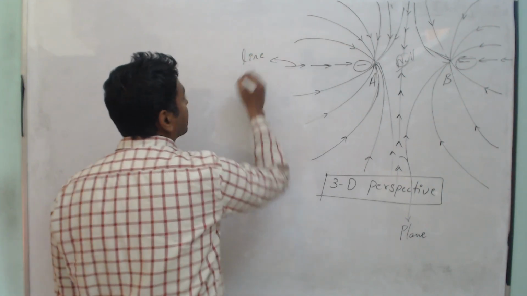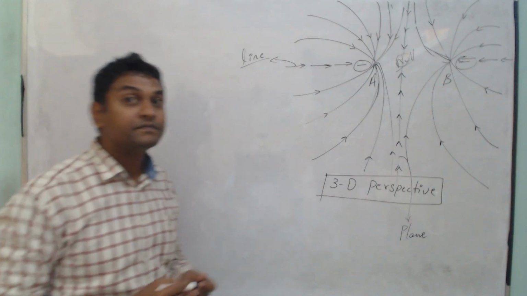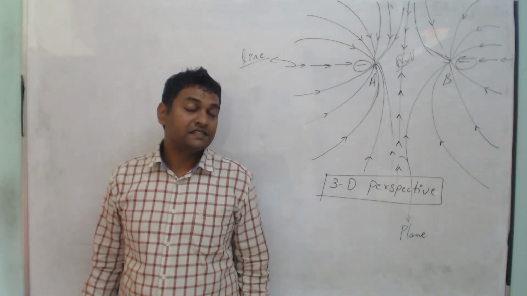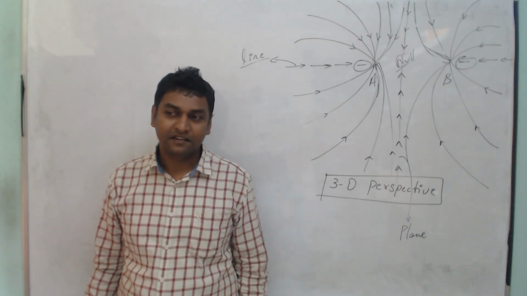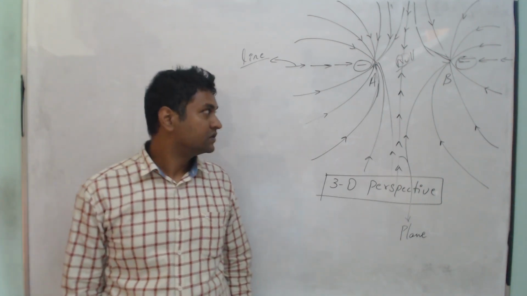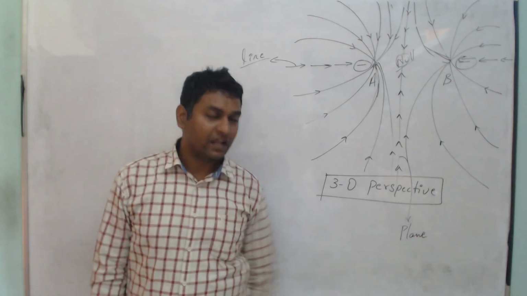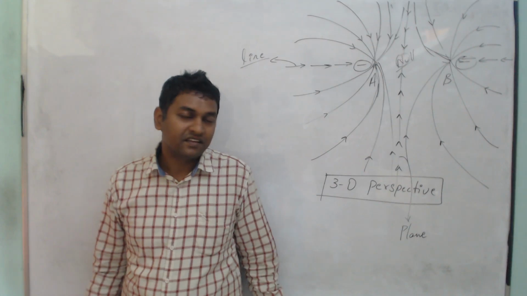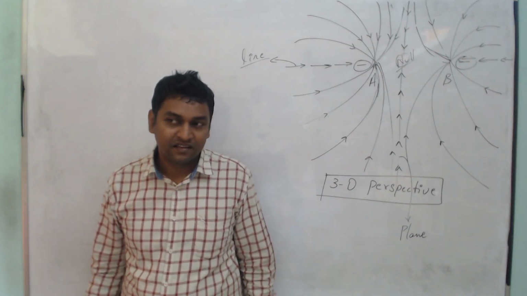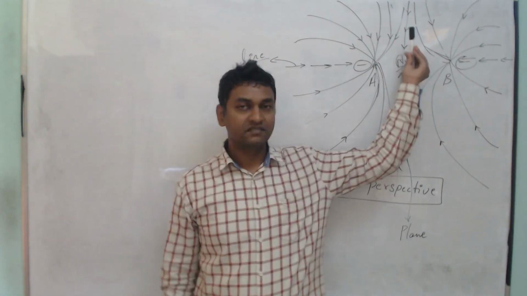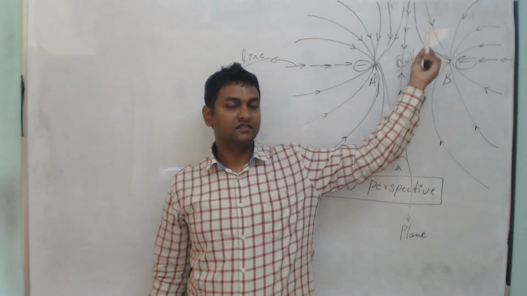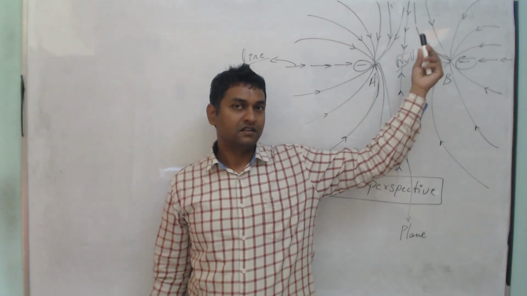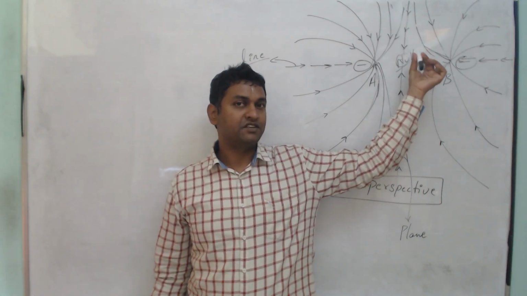Now again, if we consider a plane, when we go further from it, again the effect decreases. If we consider the plane passing through the null point, then this exact center line, if we go farther from it, again the field decreases. At the null point, the field is 0.